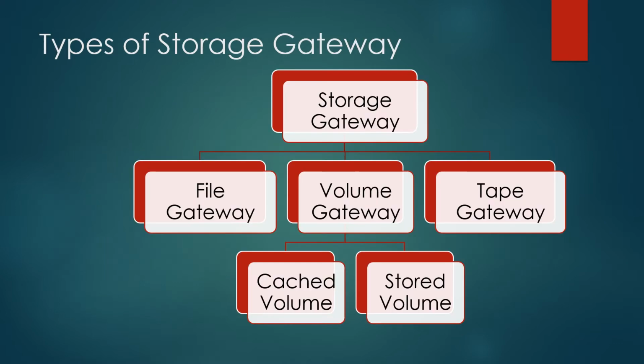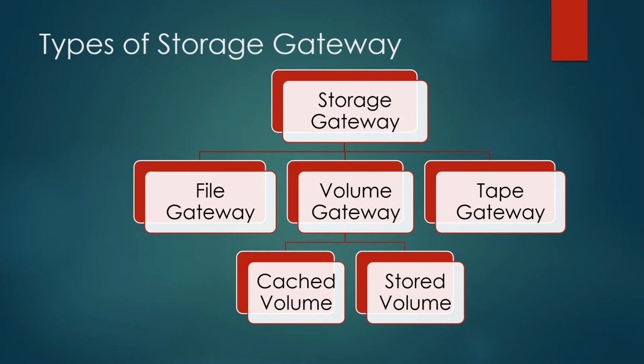Let's talk about the different types of Storage Gateway. AWS provides different options under Storage Gateway. These are file gateway, volume gateway, and tape gateway. And volume gateway also comes in two different variants, that is cached volume and stored volume. So depending on your requirement, or your current architecture, or the architecture that you are going to deploy on AWS, you can choose which of these options or variants of Storage Gateway is useful for you.